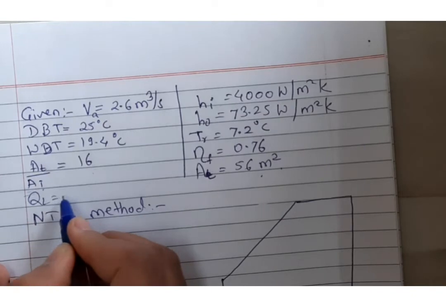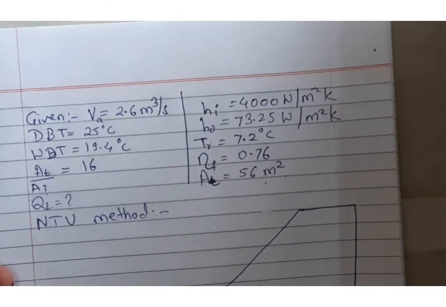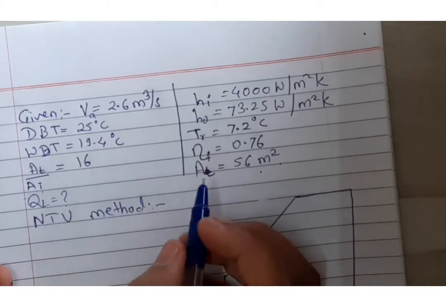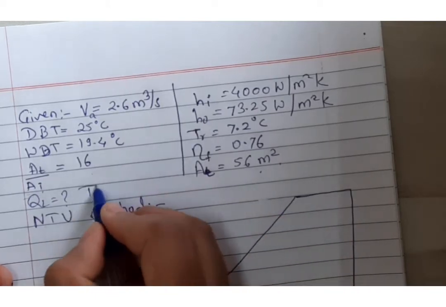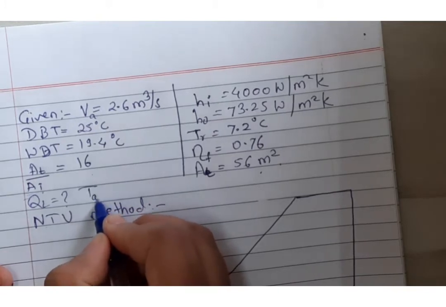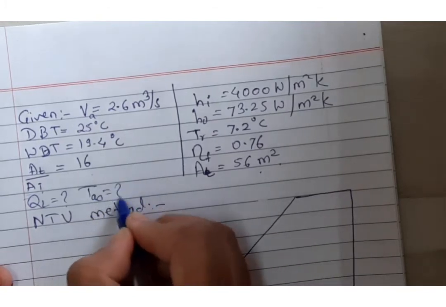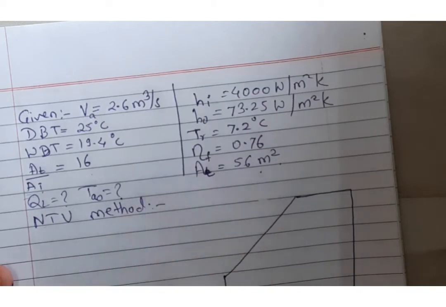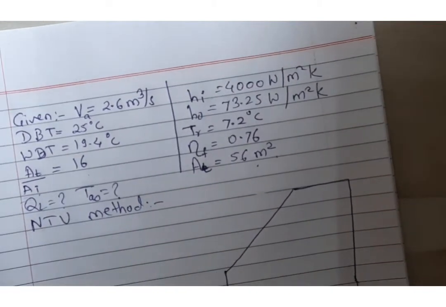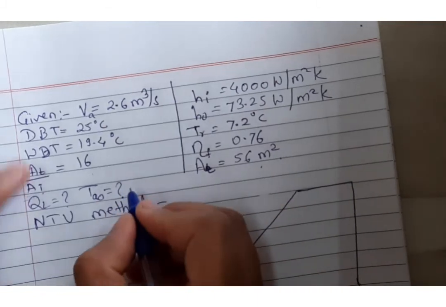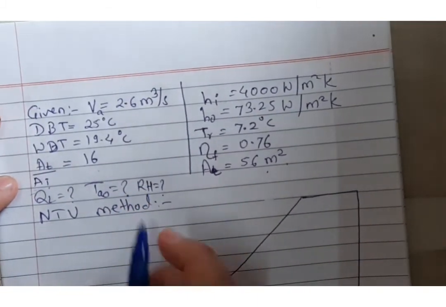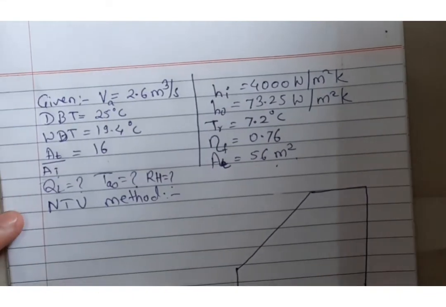So QL is not known to us, and then second is the condition of the air leaving the coil. That means we are supposed to find the temperature of the air at outlet and humidity. Okay, that means RH. So let's see how to solve this.